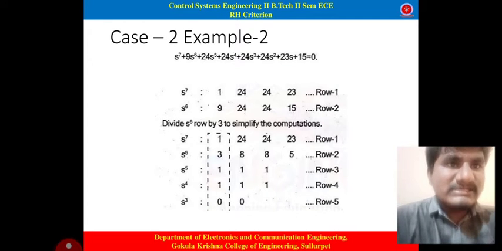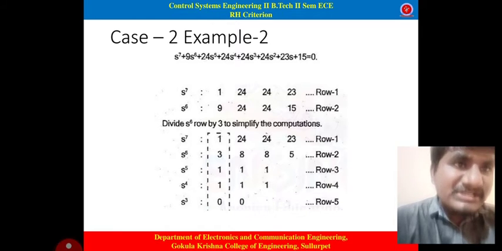Let's take another additional example in case 2. The characteristic equation is given, and we are trying to fill the Routh table. When you are at the s power 3 row, that is row 5, we got all zeros.